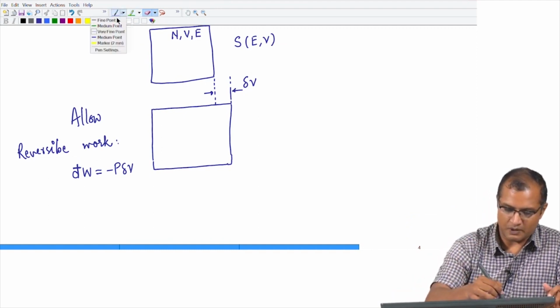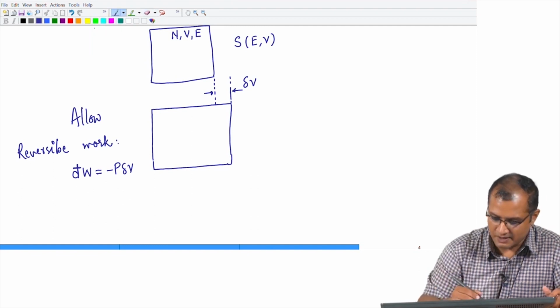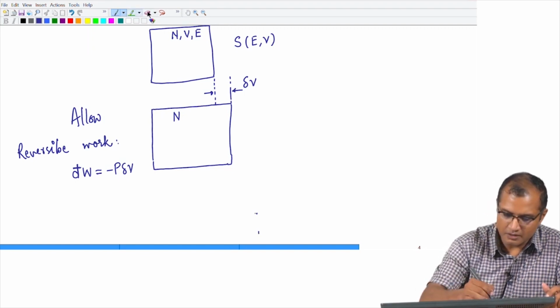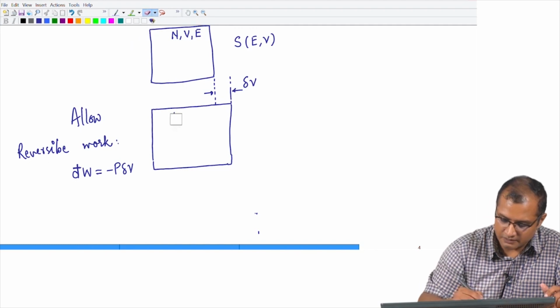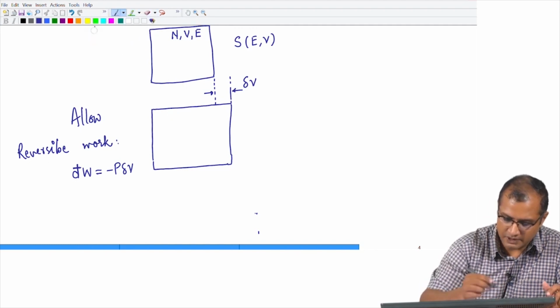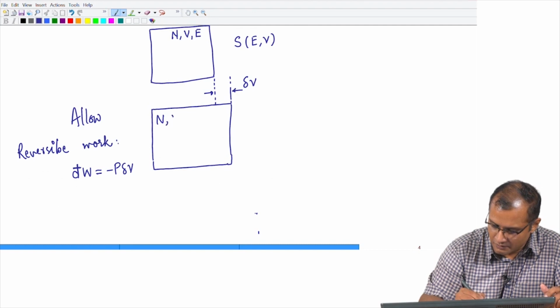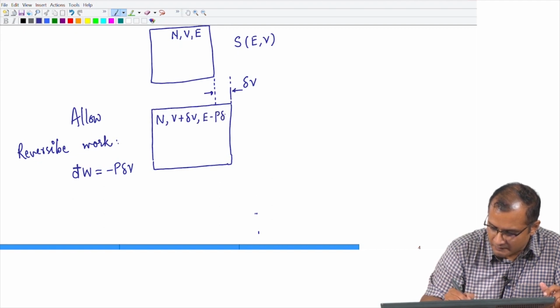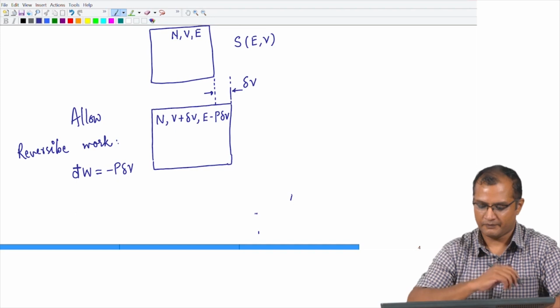Now, what has happened after this small expansion is that n has remained the same, but both V and E have changed. So, my system is now sitting at n, V plus delta V, and energy E minus P dV.